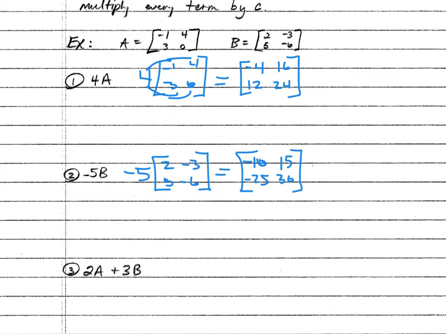Okay, so now down here on the bottom, I've got 2 scalar multipliers, and we're going to add them together. So I want to take 2 times matrix A, and 3 times matrix B. So 2 times matrix A, which is negative 1, 4, 3, and 6, plus 3 times matrix B, which is 2, negative 3, 5, and negative 6.